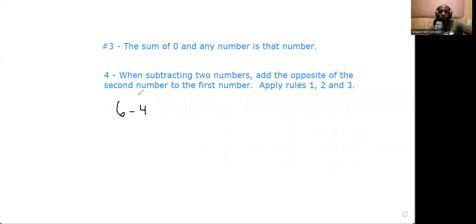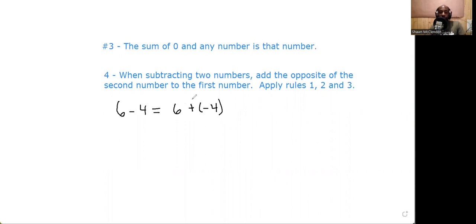So we're subtracting two numbers, 6 minus 4. So that becomes 6 plus -4. And trust me, sometimes, looking at this, you kind of wonder, what's the point? I could have just said 6 minus 4 is 2. But with algebra, the way that algebra works, it becomes very valuable to look at math this way.